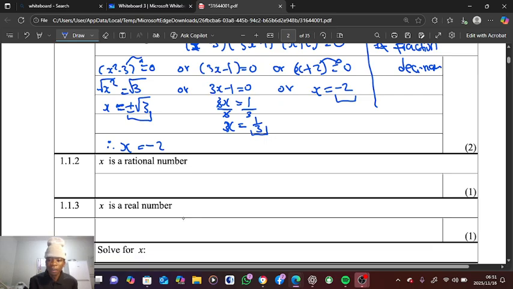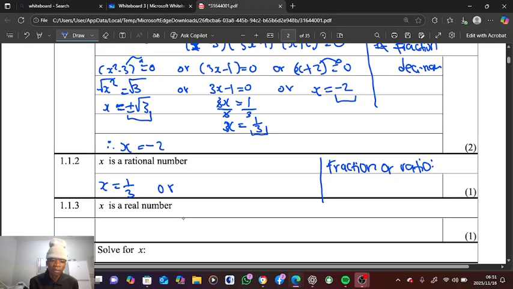A rational number can be a fraction or a ratio. So we have to check if we have a fraction or a ratio here. We have x is equal to 1 over 3 as our first x, since it's a fraction.